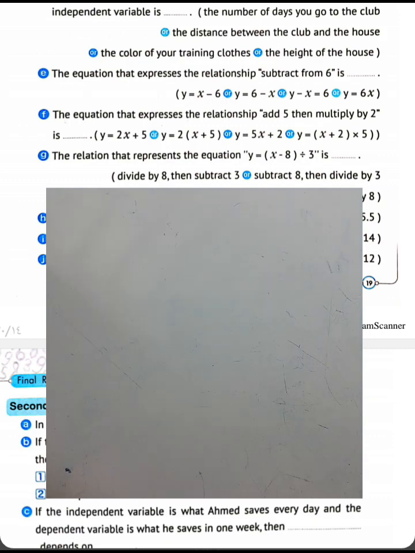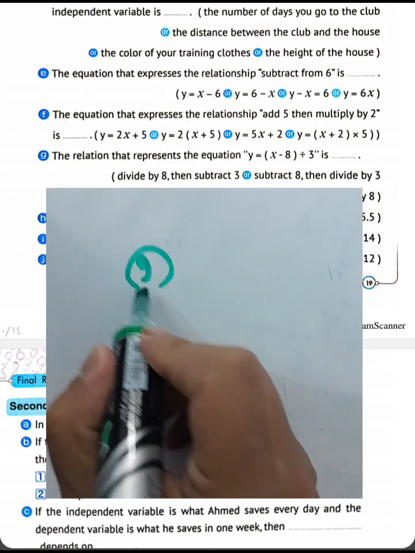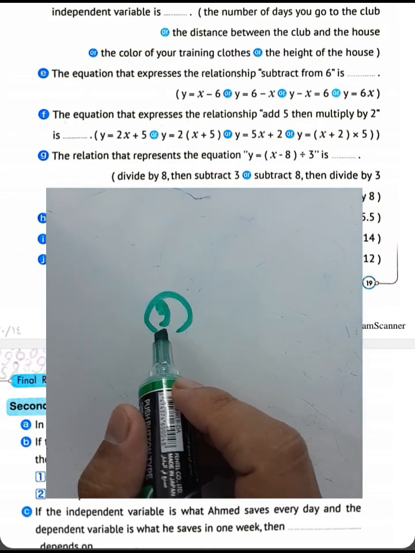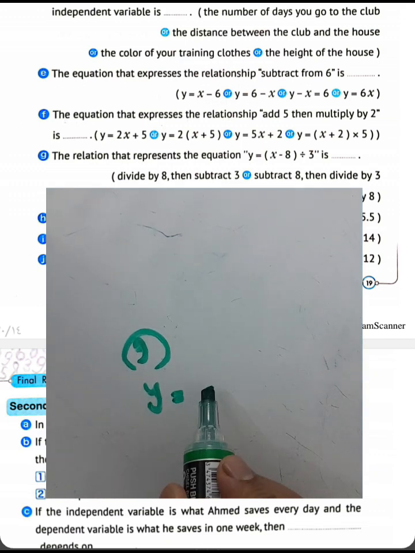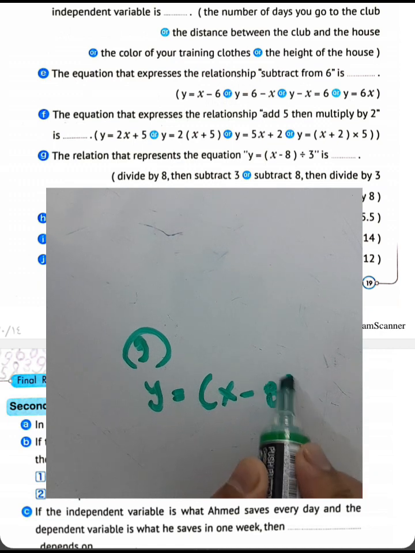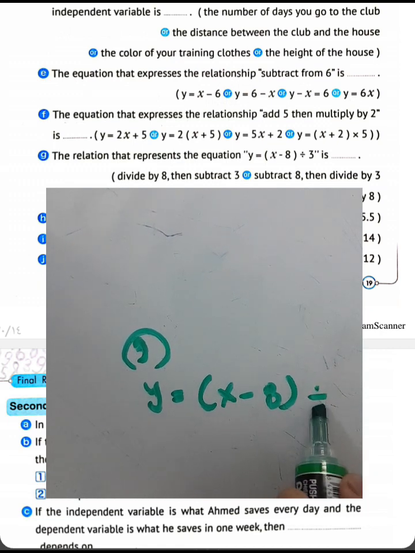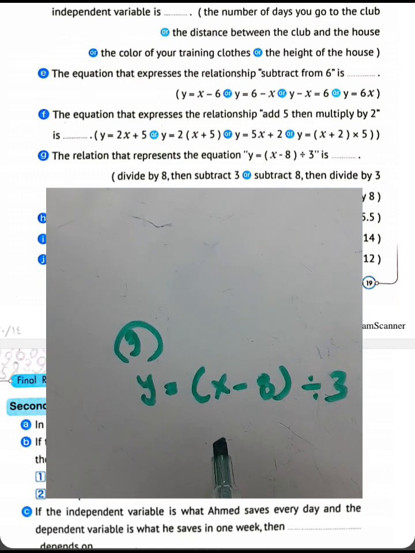Letter G: the relation that represents the equation y equals x subtract 8, divided by 3. What is it? We want to find the relation here.